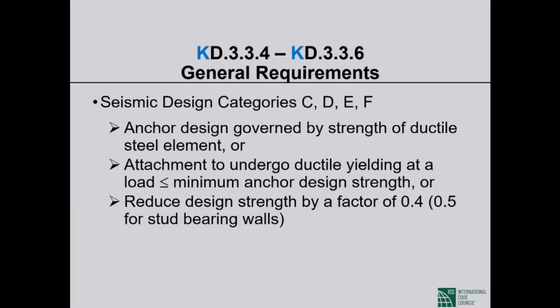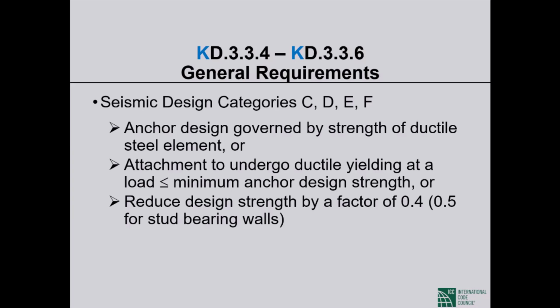Your second choice is you can design to have the attachment, which would be like the base plate, undergo ductile yielding at a load that does not exceed the minimum anchor design strength. So you have to design for your base plate to yield before the anchor attains its design strength.